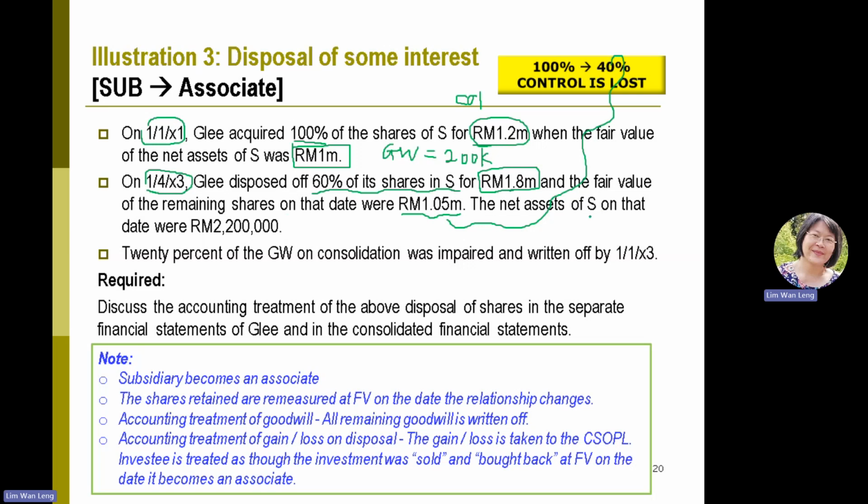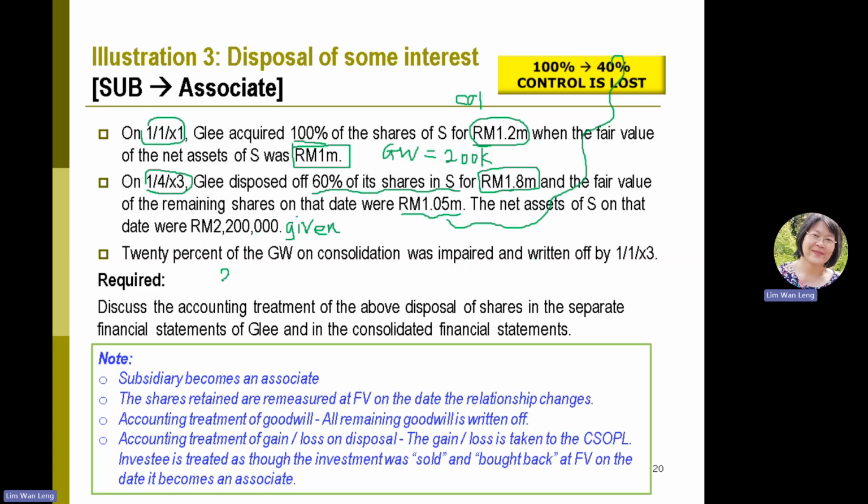Net assets of S on that date were 2.2 million. So this is given. But usually you will be required to calculate. So later in our class illustration one, you will be expected to calculate. And then they tell you 20% of the goodwill on consolidation was impaired and written off.